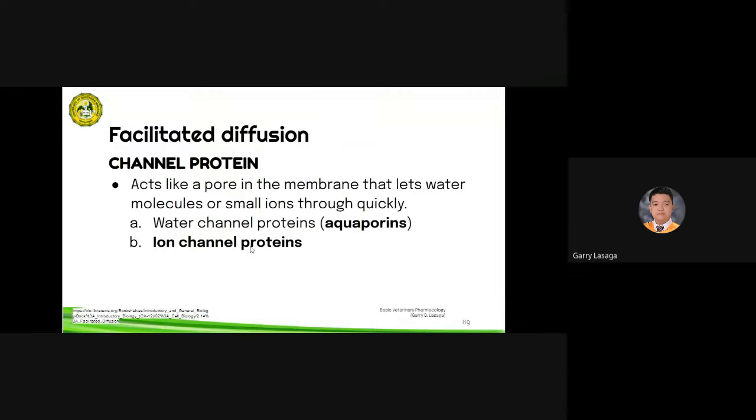And we also have the ion channel proteins. From the name itself, the aquaporin will transport water across the membrane. Water is a polar molecule. We also have the ion channel proteins, which basically transport ions across the membrane.